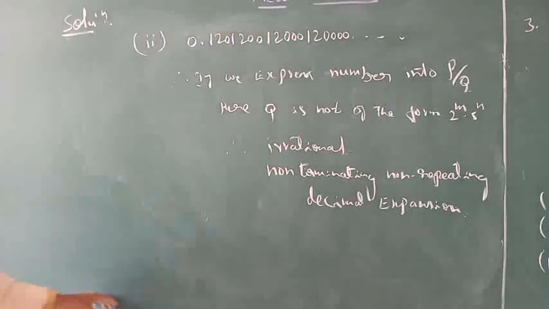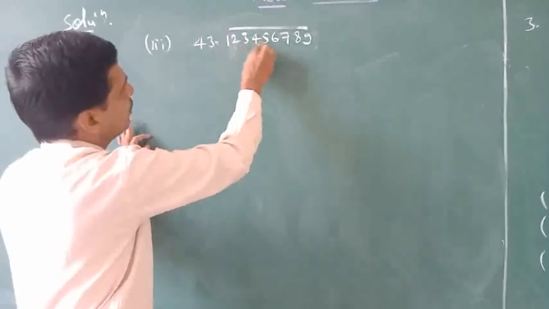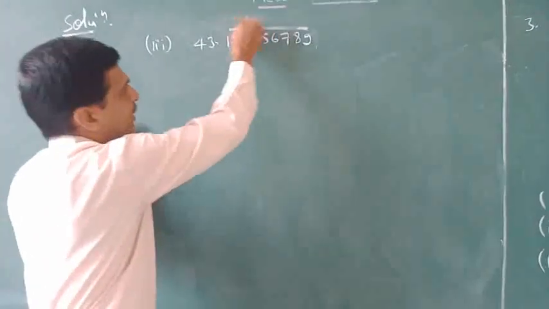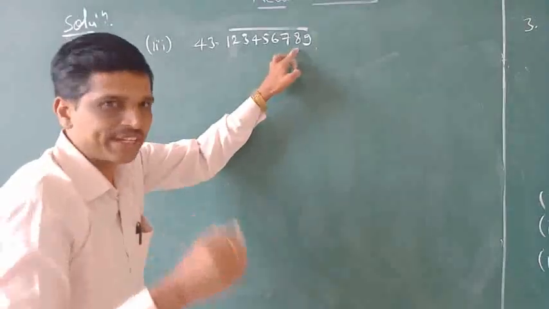Okay. Now look here for the third solution, 43.123456789 bar. It represents that after the decimal point, these digits are repeated.